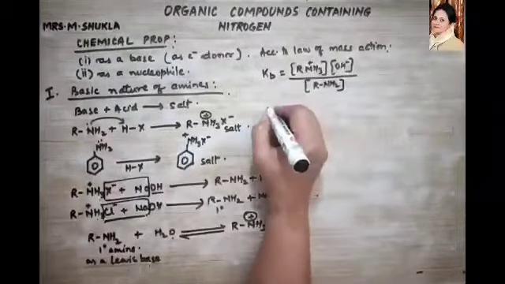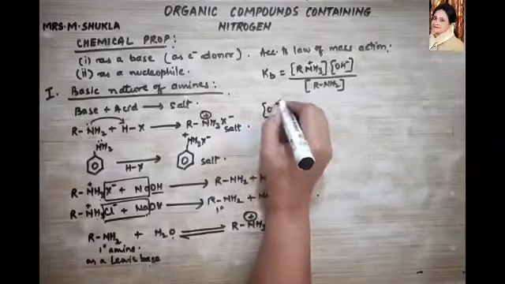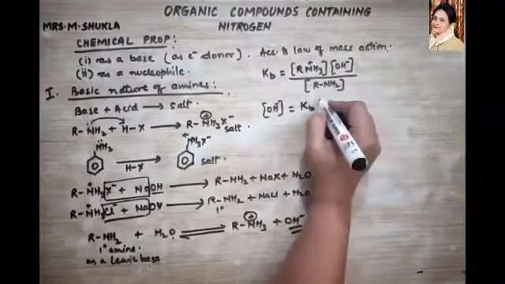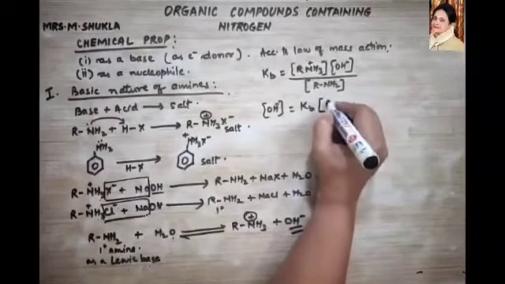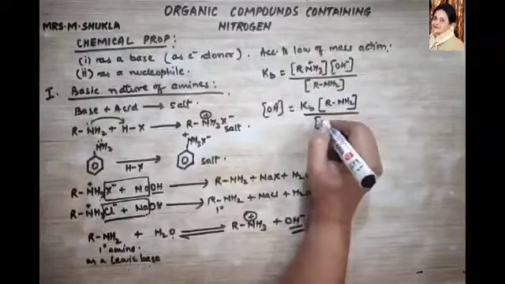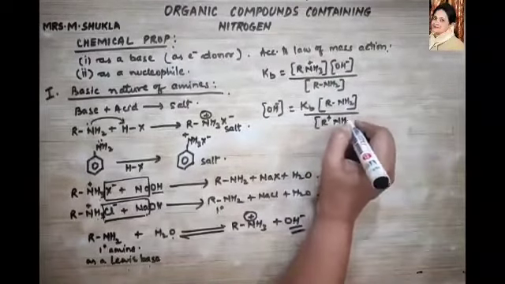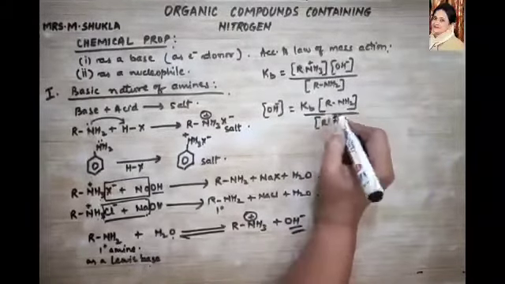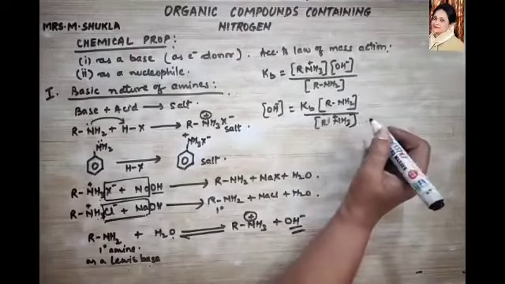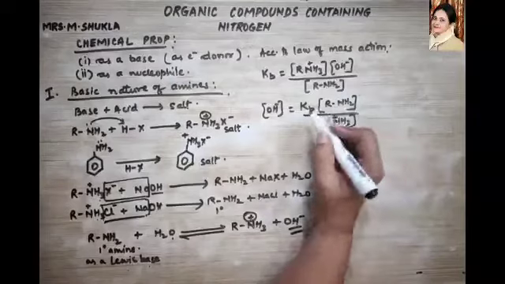Clear? Or we can also say that OH minus is equal to the dissociation constant into RNH2 upon RNH3 plus. Is this clear?